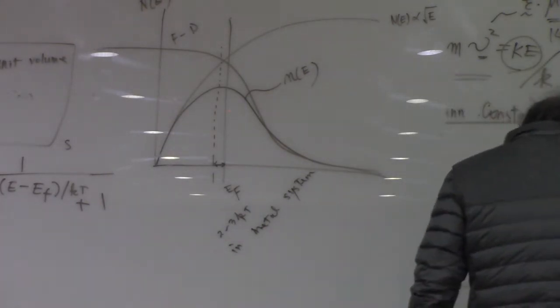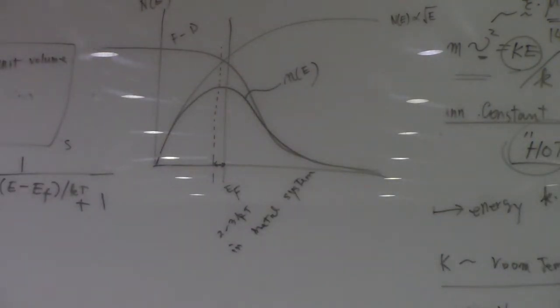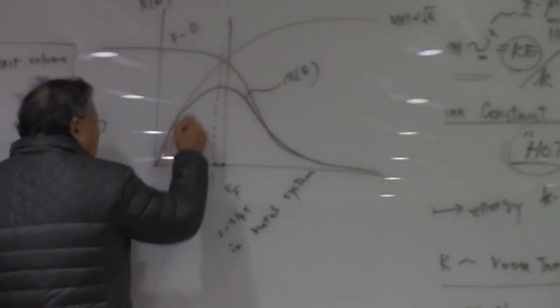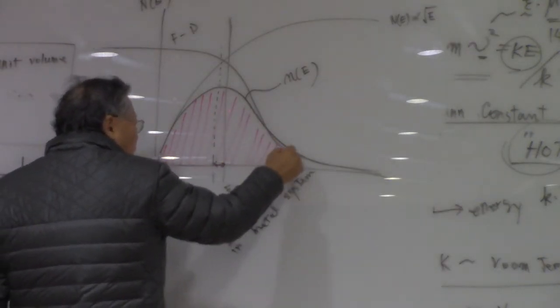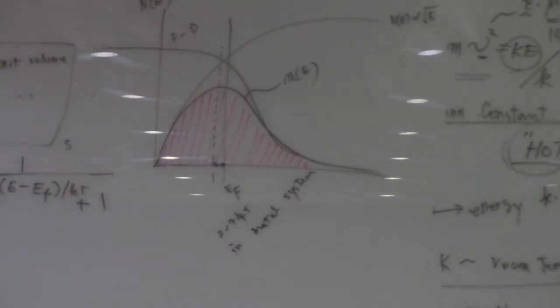So this is actually the energies of free electrons in a metal system. You integrate all the energies that the free electrons have, multiplied by the number of electrons, and that is the energy of the metal system the electrons can have.